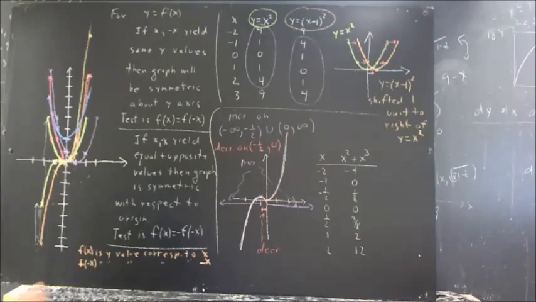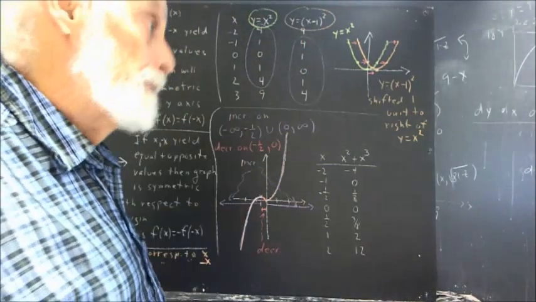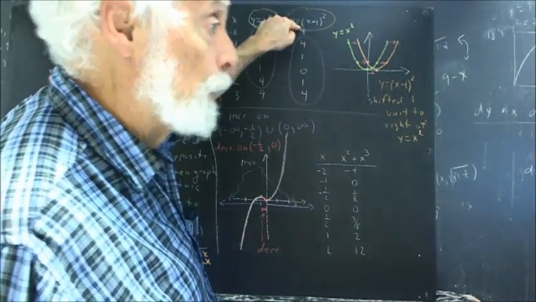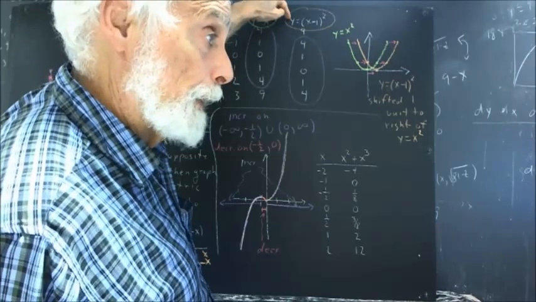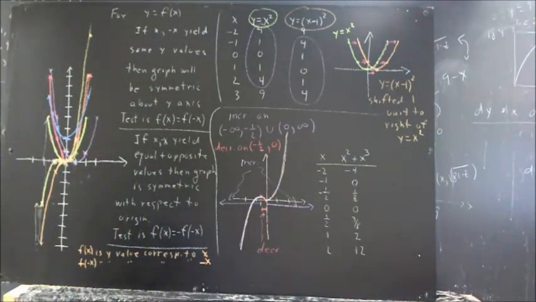And again, the reason is simply not that minus 1 shifts us 1 unit in the negative direction. It's because of the minus 1, x has to be 1 unit bigger in order to give you the same y value. So hopefully that'll make some sense to you.